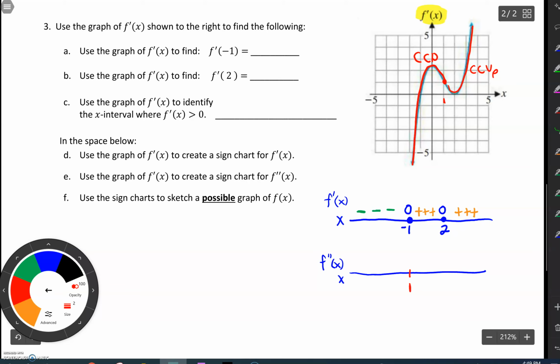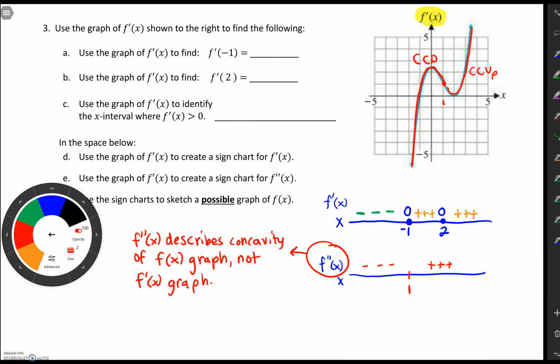I'm not going to put that as a partition number with concave down and then concave up, because the second derivative describes concavity of the f of x graph. But we don't have the f of x graph, we have the graph of the derivative. So we'll need that concavity information later when we go to sketch the f of x graph, but I'm not going to read the concavity off this graph.